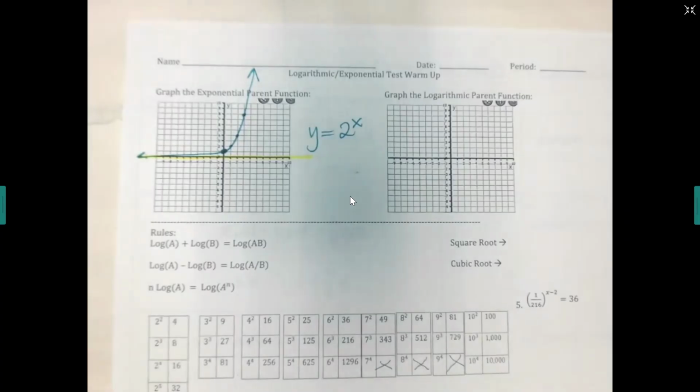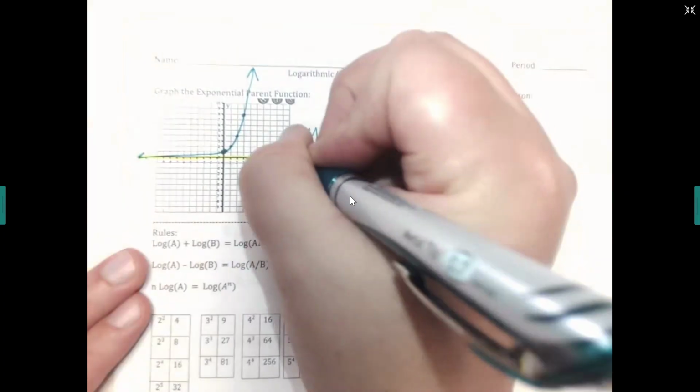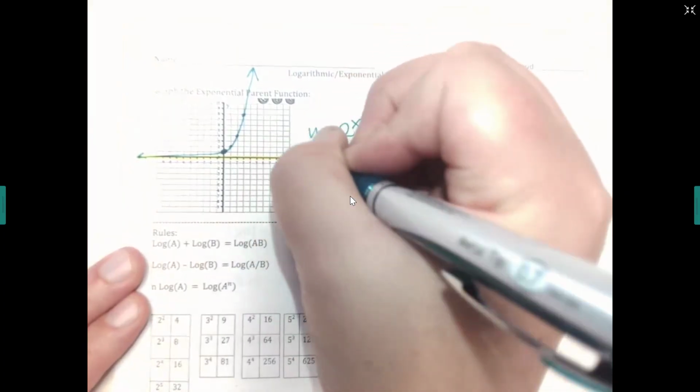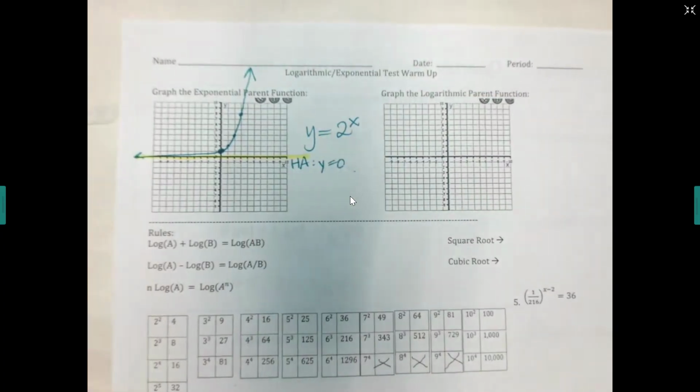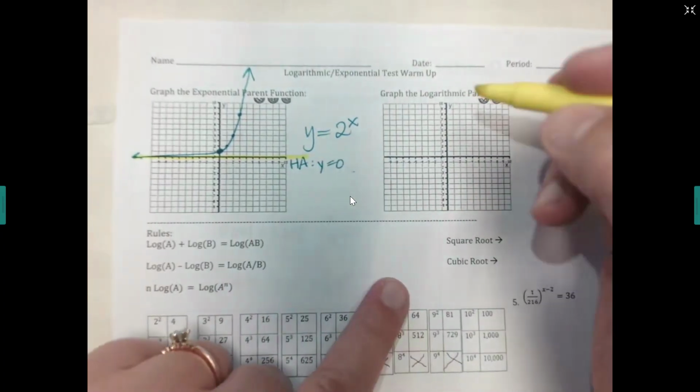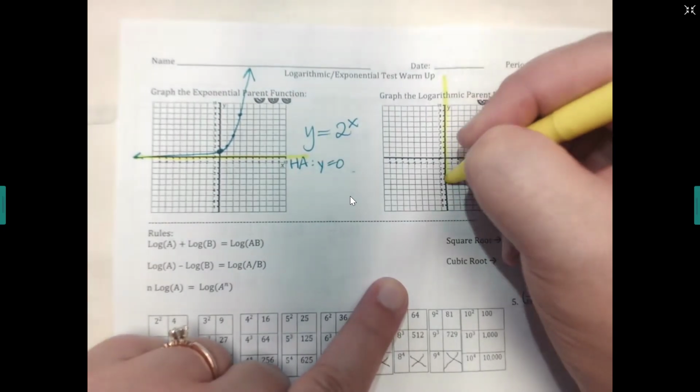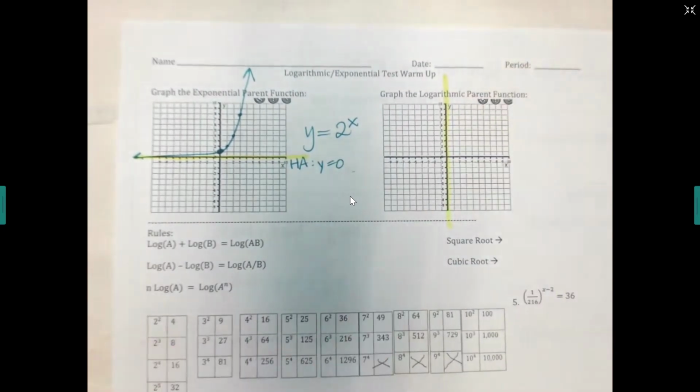Okay, then for your log parent function, instead of having a horizontal asymptote, you're going to have a vertical asymptote. So let's label this one HA, y equals 0. And then your log has a VA at x equals 0.